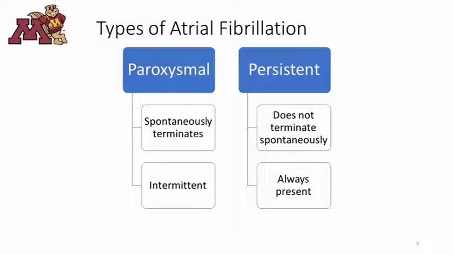Persistent AF is a condition where the chaotic atrial rhythm is always present in the patient. Medical intervention is required to terminate AF or to restore normal rhythm in persistent AF patients.